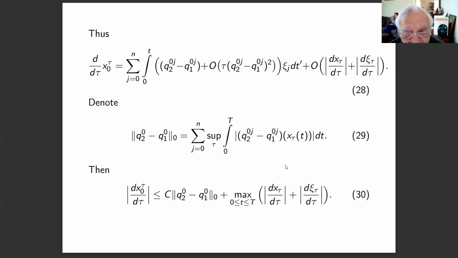So if you denote by the norm of q0 2 minus q0 1 the supremum, the sum of supremums of q2 0 j minus q1 0 j, then we have that the derivative dx0/dt is less than or equal to this norm, the supremum, plus the maximum norm of the first derivative.